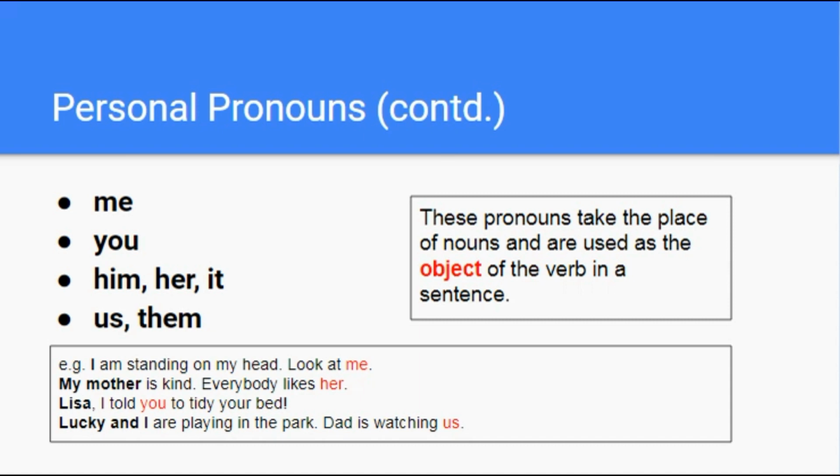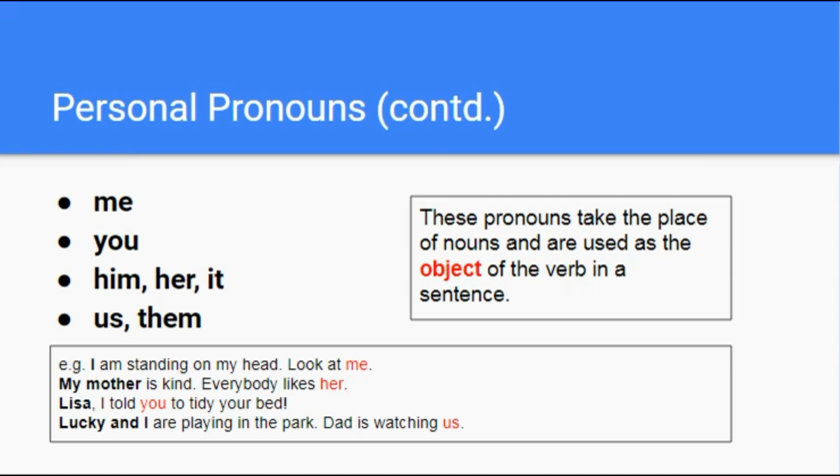So these are me, you, him, her, it, us, and them. So for example, I am standing on my head, look at me. Now if you see, in the sentence look at me, me is the object.